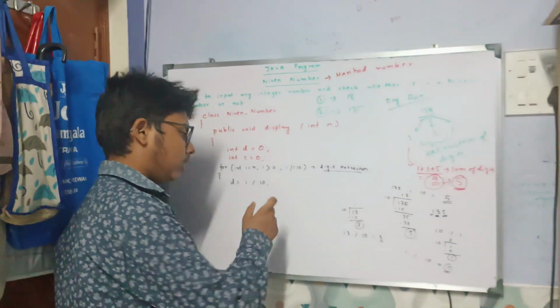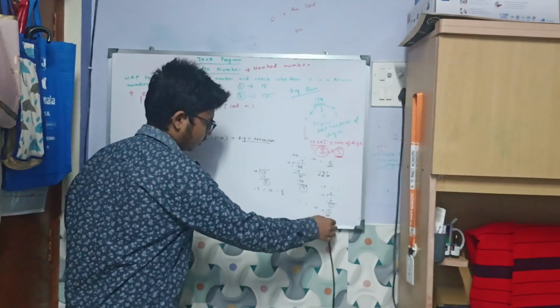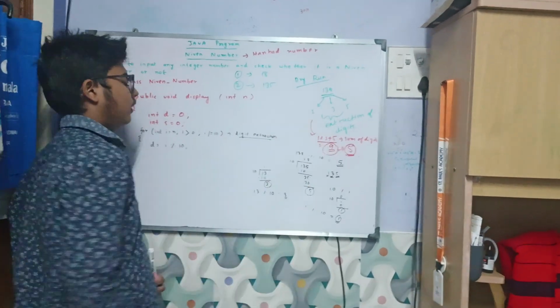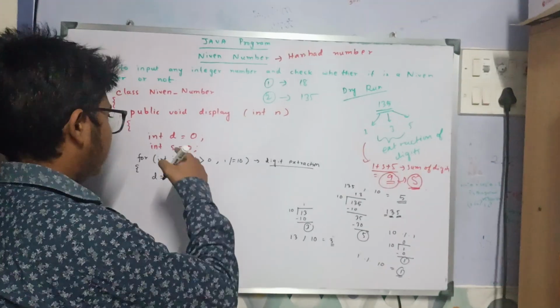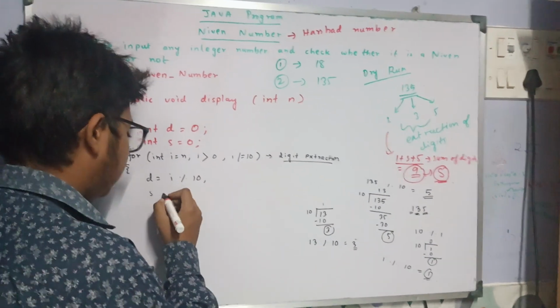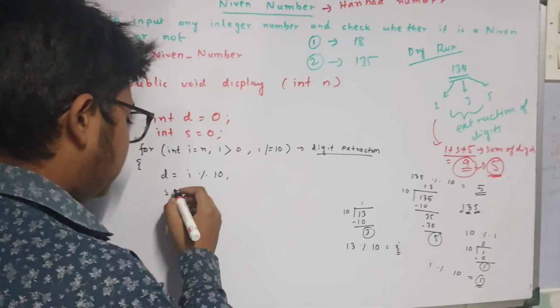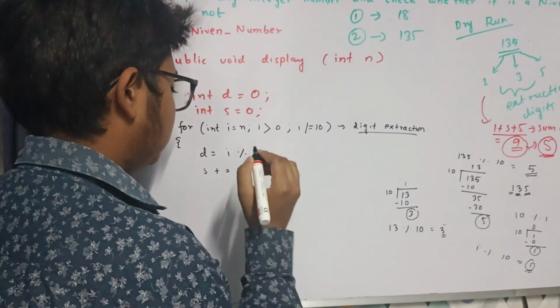Now, after we have extracted the digits, 3, 1 and 5, what will we do? We will find the sum of the digits. Whatever we initialized here as s, I will write here: s += d.